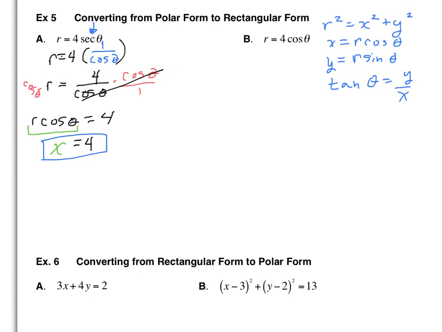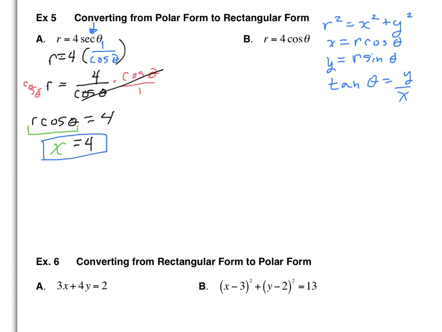X equals 4. How would you graph? If I said graph x equals 4, take your brain out of the polar coordinate system, because you're now in rectangular, you're now in the Cartesian coordinate system. How would you graph x equals 4? It's a vertical line going through what axis? The x-axis.